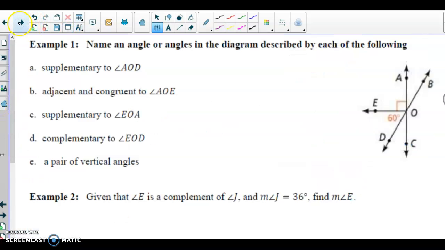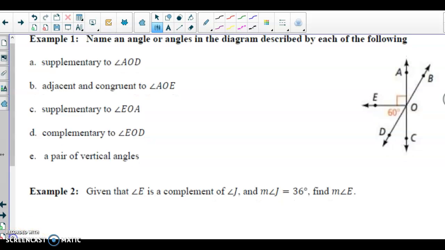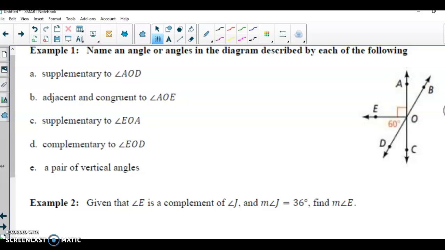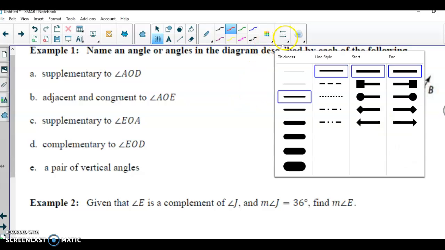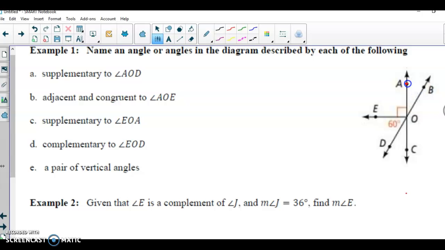So let's do some examples here. Name an angle or angles in the diagram described by each of the following. So we want one that is supplementary to angle AOD. So let's find angle AOD here. Okay, here's A. O would be the vertex and D is down here.